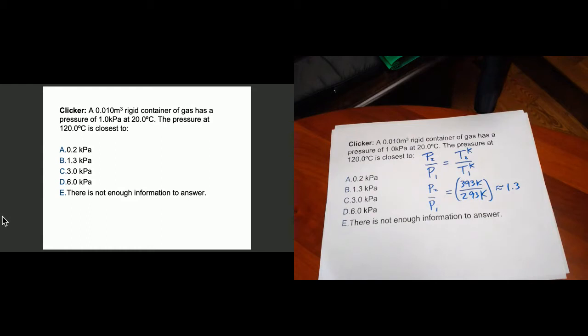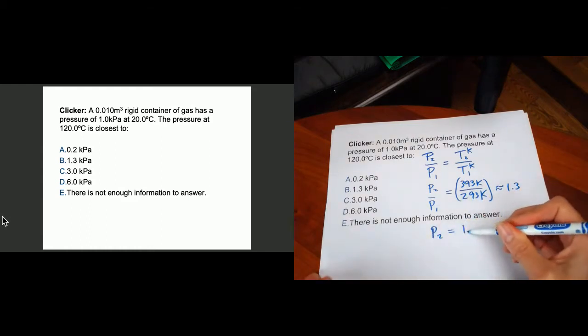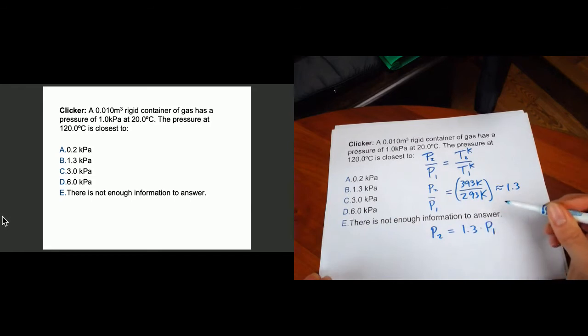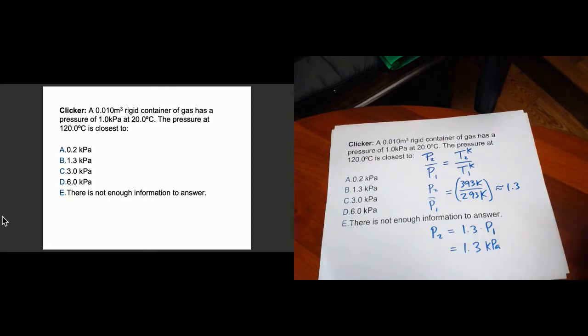And so if we have an initial pressure of 1 kilopascal, then the final pressure is going to be 1.3 kilopascals. Okay. So basically, just be careful when you're doing questions in this course that you're often going to have to convert from the Celsius scale to the Kelvin scale.